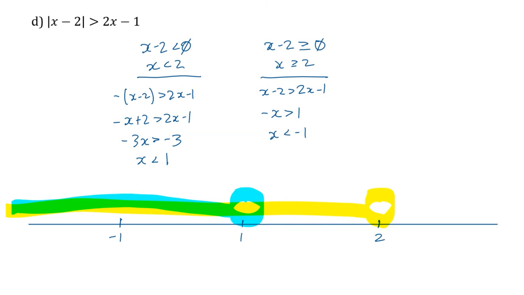So what's the solution to that top part? Noor? X less than 1. Very good. Because we don't include 1, and then they overlap.